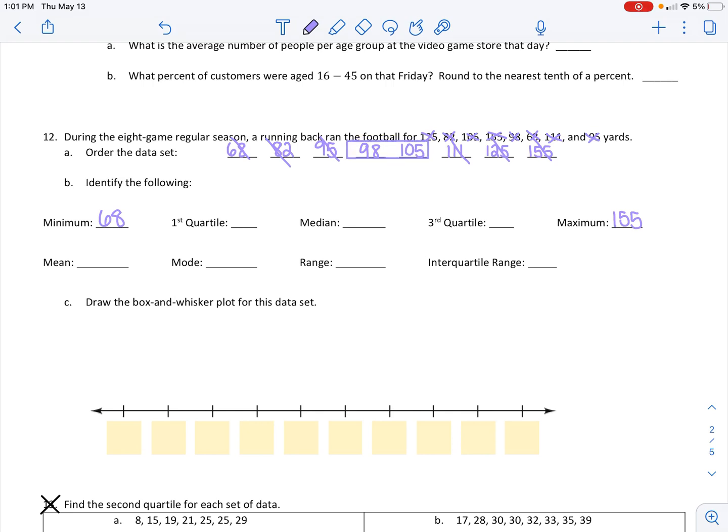I end up with 98 and 105. So to find the median, I add them together, which equals 203, and then divide that number by 2. So I'm finding the average of those two numbers, which does give me 101.5.